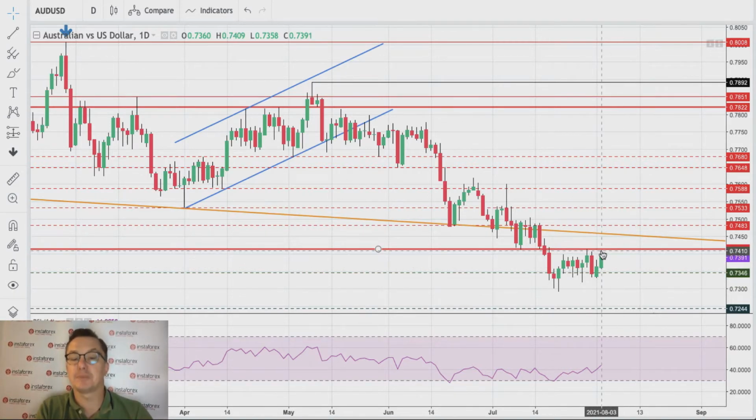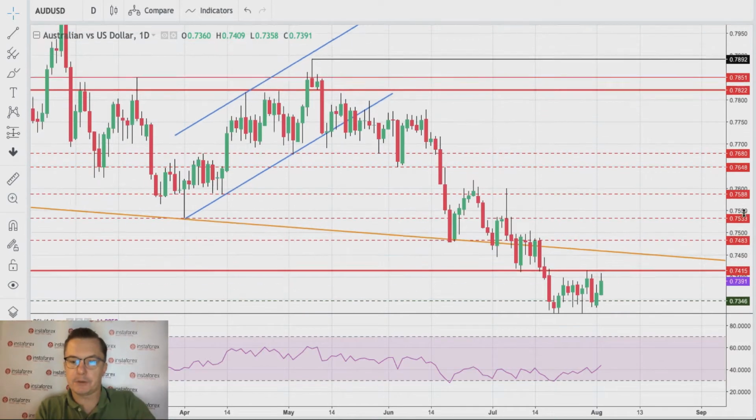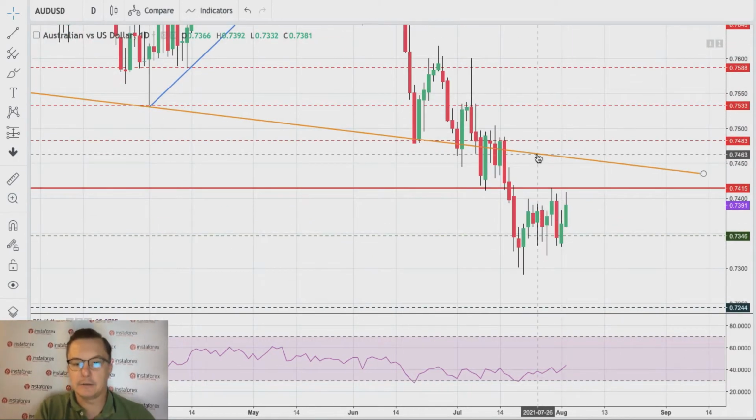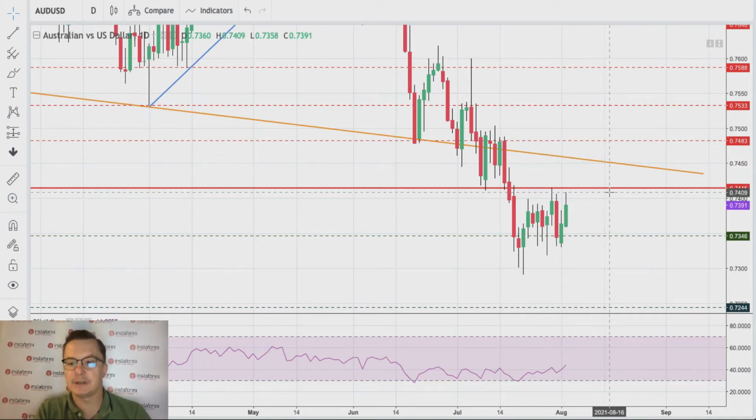In case of a breakout higher, then of course the bulls will try to test the trend line first, around 7,450, and then they will try to hit the 7,483 level, which is the nearest technical resistance.